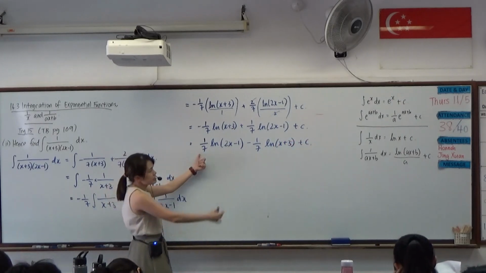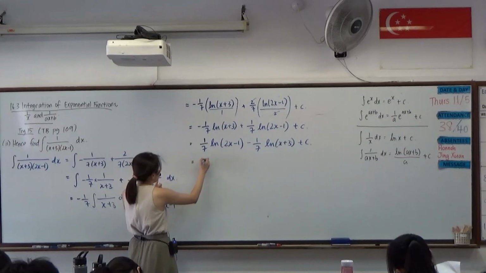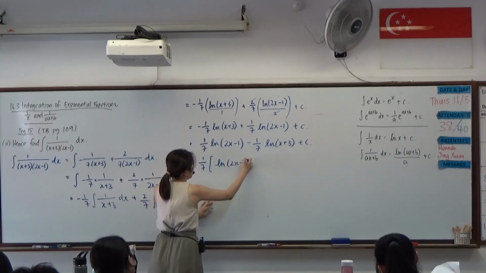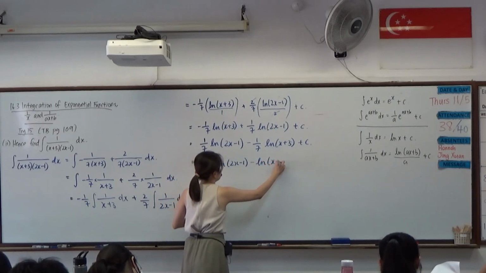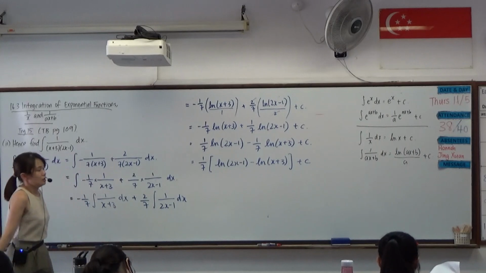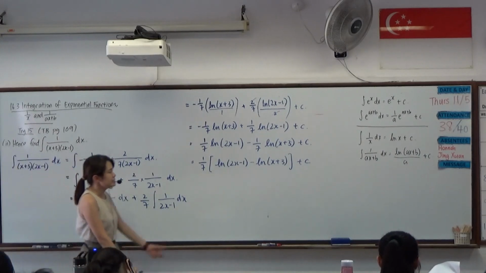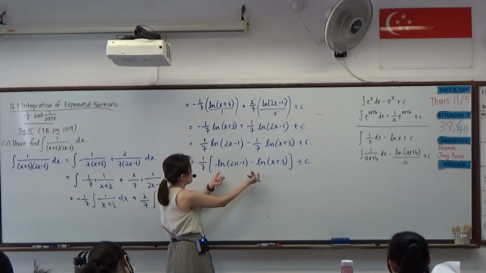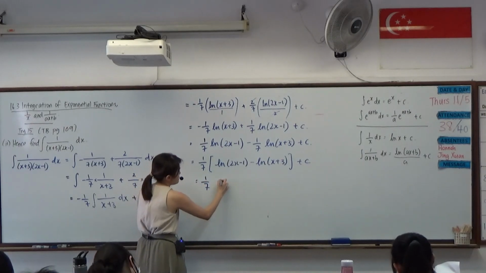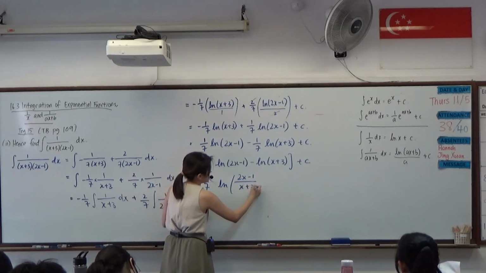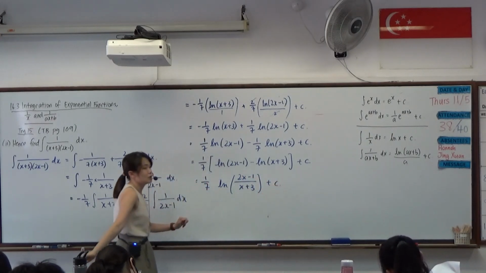Since there's a factor of 1 over 7 for both, let me just factorize that out. We see that this is a difference of two logarithms. We can apply our logarithmic law, and that will be to take 2x minus 1 divided by x plus 3.